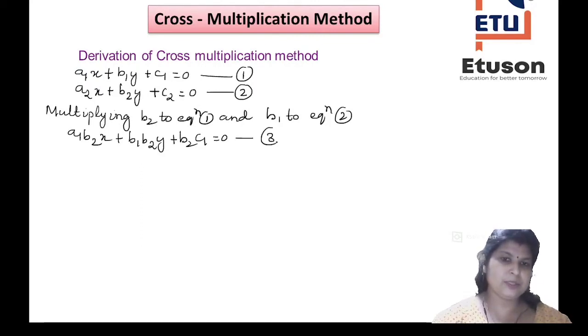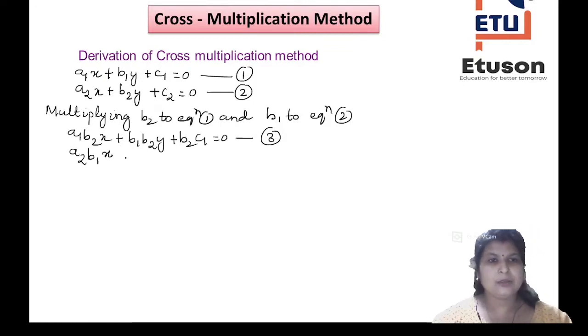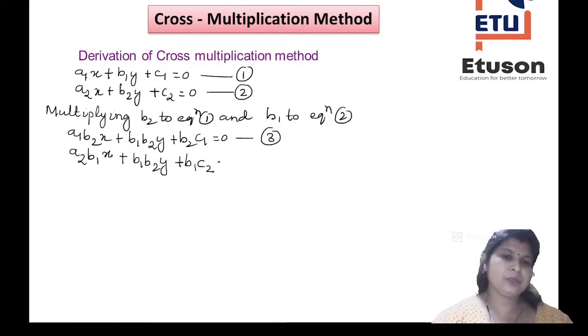This becomes your equation 3. Similarly, multiplying b1 to equation 2, we get a2 b1 into x plus b1 b2 into y plus b1 c2 is equal to 0.